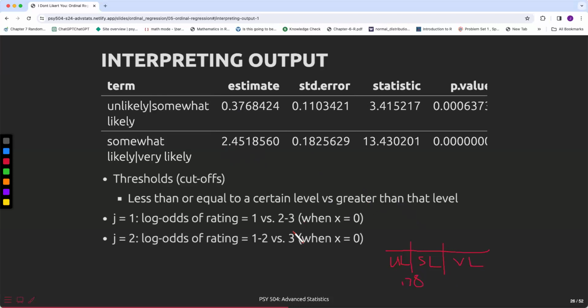That corresponds with our interpretation of these thresholds. So the probability of being in this particular category or below, and then this particular cut point, which is 2.45, is the probability of being in somewhat likely and unlikely compared to very likely. So these are what the cut points represent. And again, as I said, we usually don't report these in a write-up, but they're part of the output. So I want to make sure you know what they reference. Questions about the cut points?